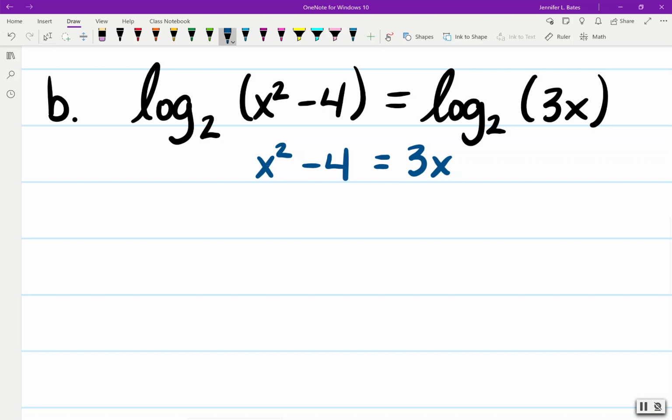What kind of factoring should we do? Well, you're going to bring the 4 over to the 3x. Not quite. Good. We actually want to take the 3x and bring it to the left so that we can use the big X. So let's move this 3x over.